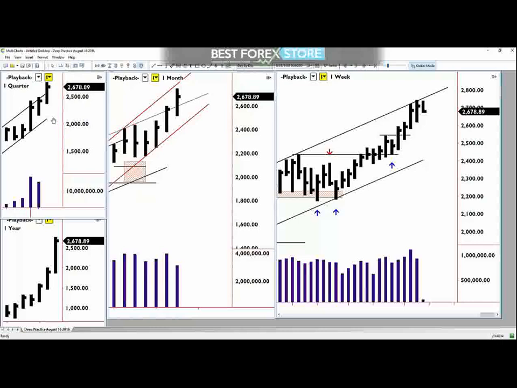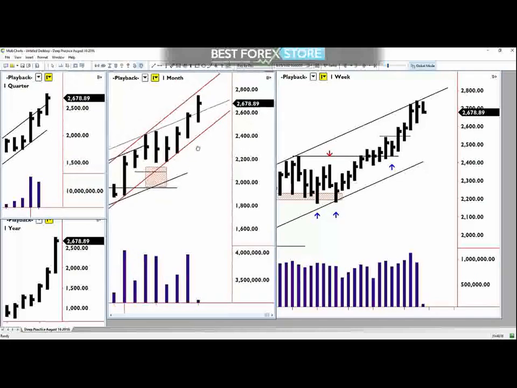Taking a look at all of the time frames that we've got here. And I'll prune some of this. What would your sense be on this? Shall we hold it for longer, or should we trim some of it or get out altogether?